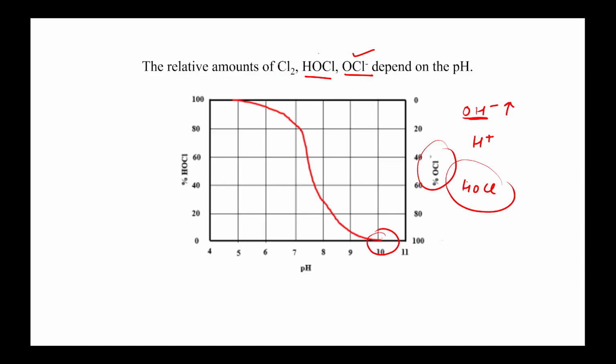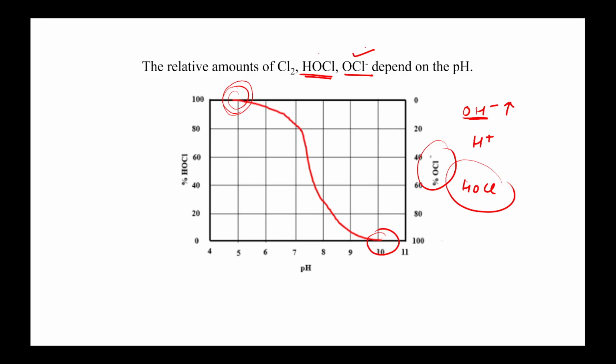At pH less than 5, only hypochlorous acid will be there because it's very low pH, so all the hypochlorite ions will be protonated to form hypochlorous acid. At pH less than 5, we'll have 100% hypochlorous acid, and at pH more than 10, we'll have 100% hypochlorite ions.